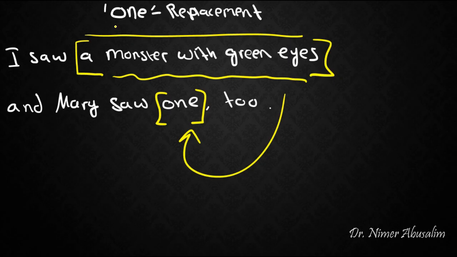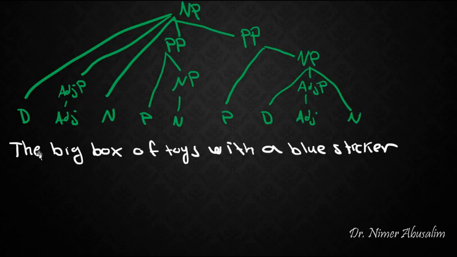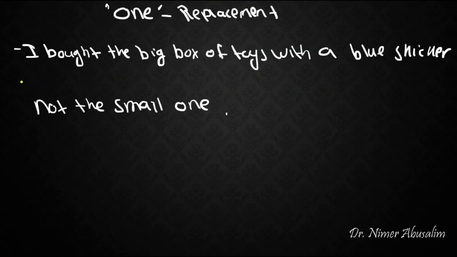So that's the basic idea behind one replacement. Now here's a sentence I want you to think about. Recall our structure here: the big box of toys with a blue sticker. Here's the sentence again: I bought the big box of toys with a blue sticker, not the small one.